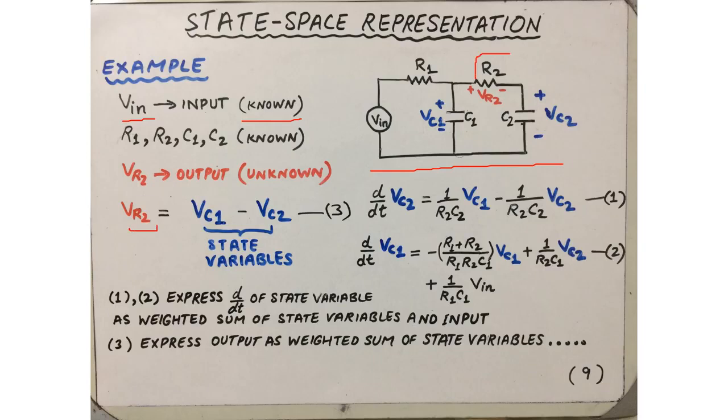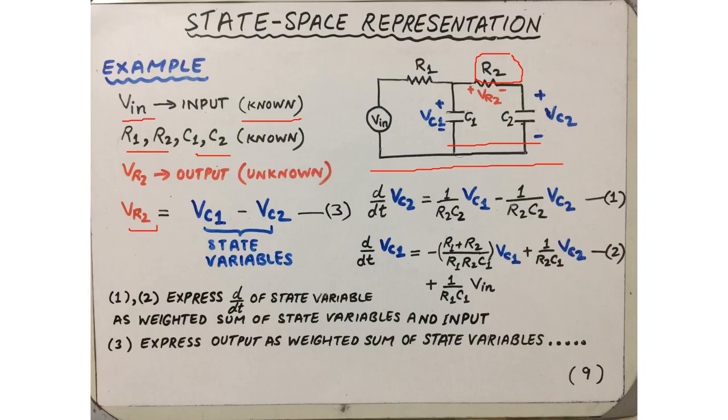So we are interested in knowing the voltage across resistance R2. And because the circuit contains energy storing elements, we can expect the behavior of the circuit to be dynamical. Therefore, we are interested in developing the state space representation. The parameter values, the values of resistances and capacitances, will be given, the input will be given, we know the output, and now the state space representation.